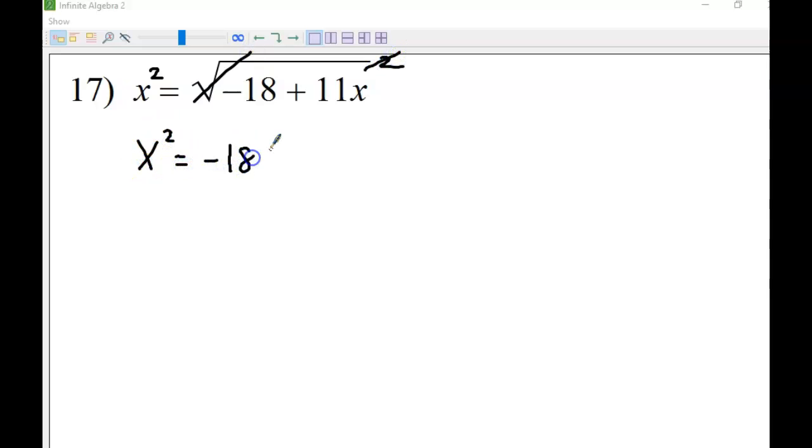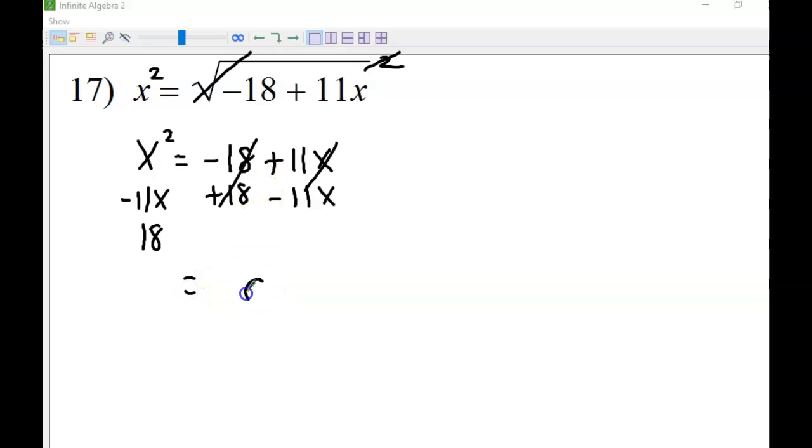Now, in this case, we have a quadratic equation. I've got an x squared and an x. So when you have a quadratic equation, you move everything over to one side. So I'm going to move the 11x over and the 18. On this side I'm left with 0, but over here I've got an x squared, a negative 11x, and a positive 18.